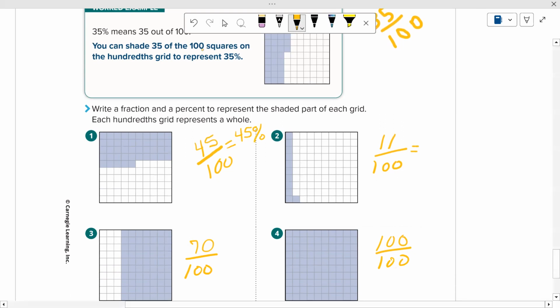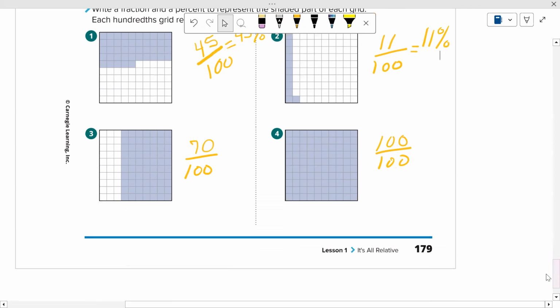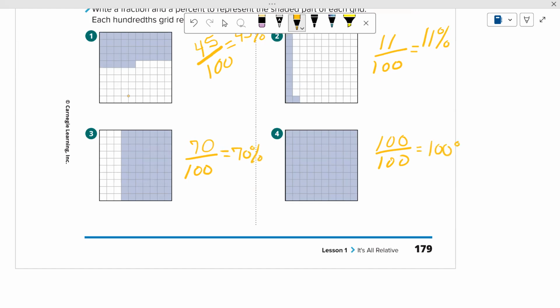Here, the top number is 11 and it's over 100. So you could easily write this as a percent, 11%. And then 3, it's a number over 100, so it's 70%. And this is the whole thing, 100%.